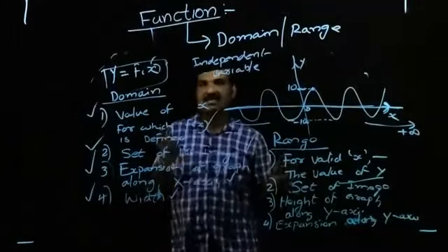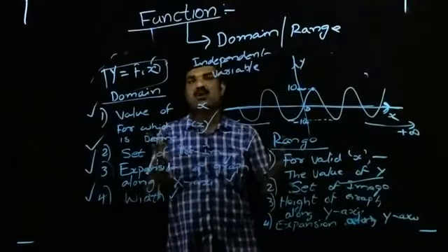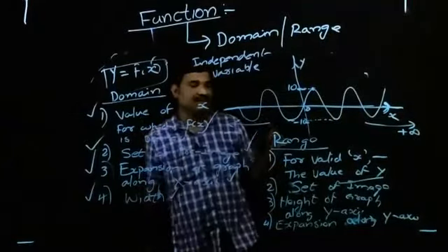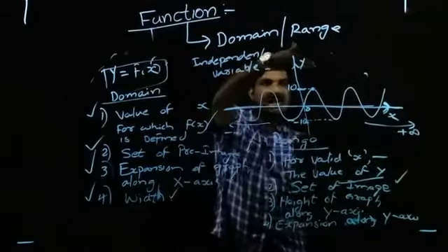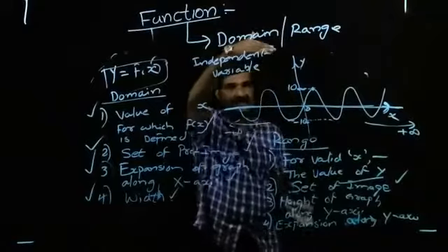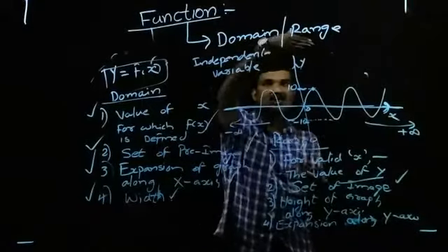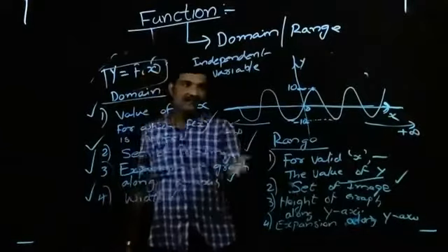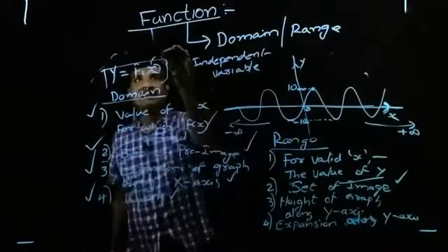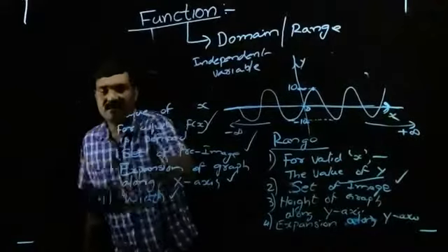If the function is defined for certain x, then the corresponding value of y is called range. This is also called set of images, height of graph along y-axis, or expansion along y-axis. These are the different names for domain and range.